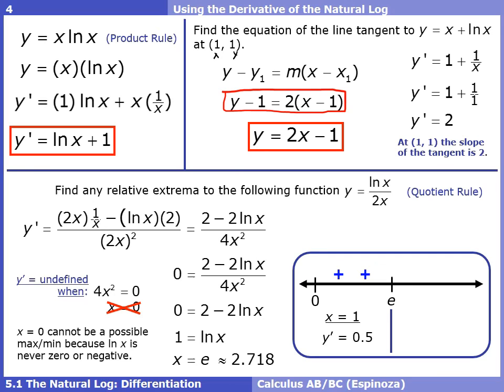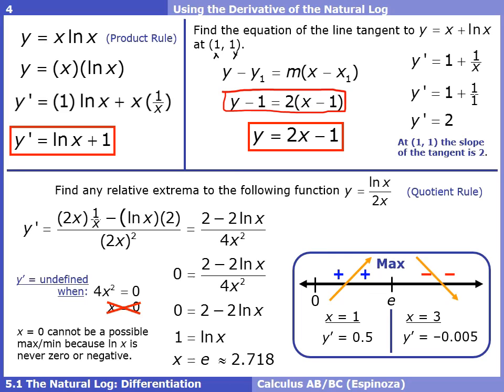If you plug 1 into your derivative, you'll get a y prime value of 0.5. We don't really care so much that it's the number 0.5. We care that it's a positive value. To the right of 2.718, to the right of e, I'm going to choose the value of 3. And if we plug that into the derivative, we'll get a negative value.